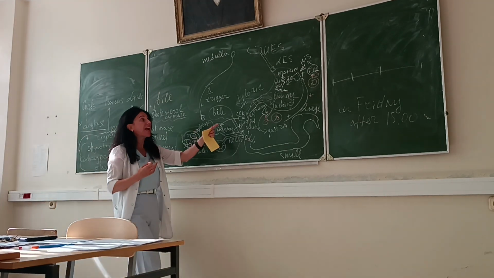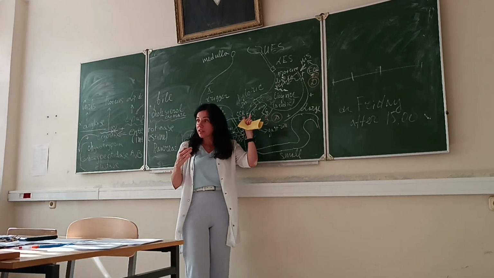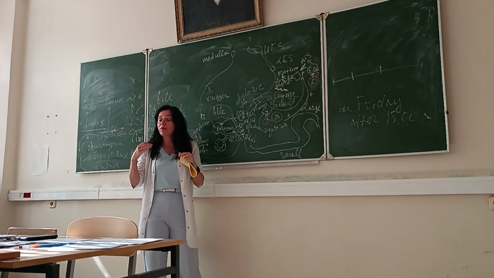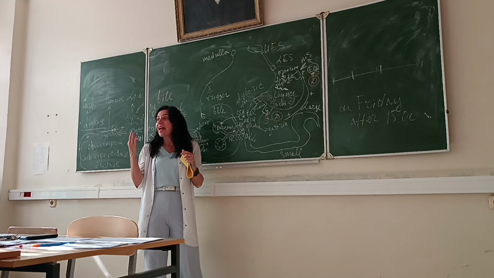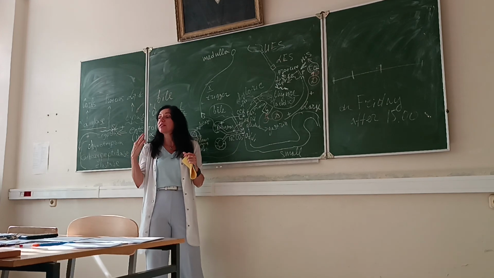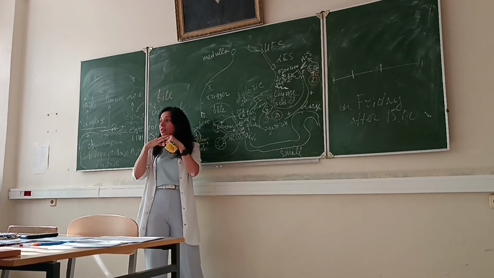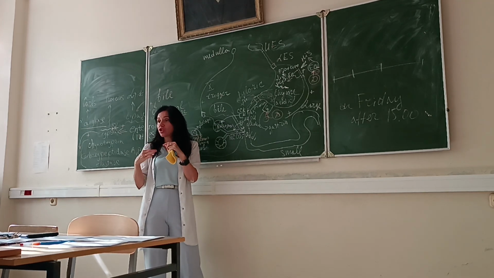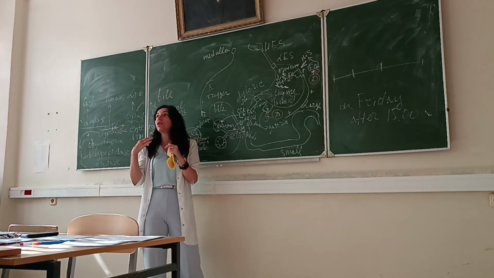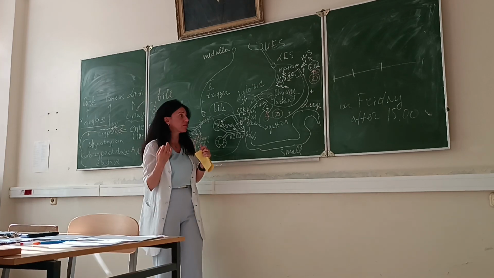So the chief cell in the stomach produces pepsinogen and gastric lipase. Gastric lipase is active, but the substrate is not well available, so digestion of lipids here is not effective.